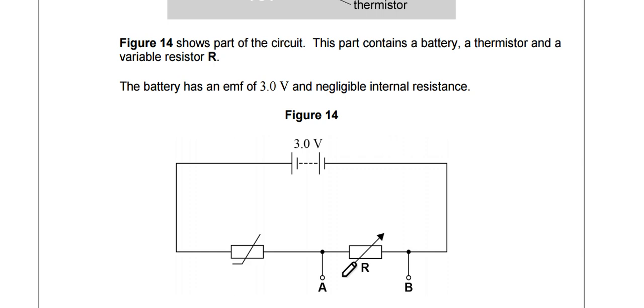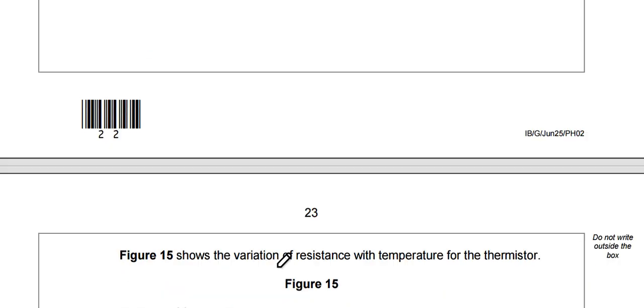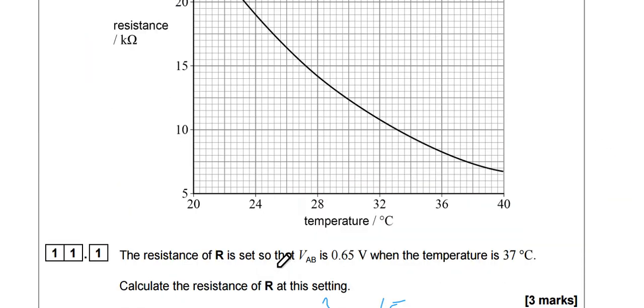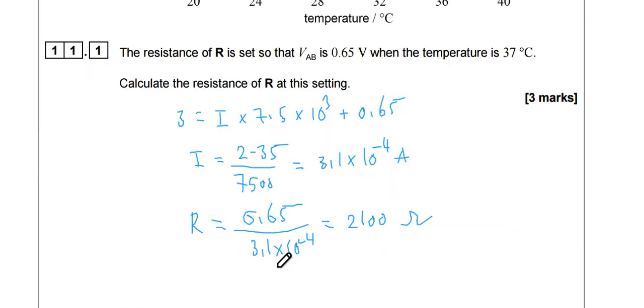Okay, so we can say that EMF equals the current in the circuit multiplied by the sum of R plus the 7.5 kilo ohm. Here is what I did.